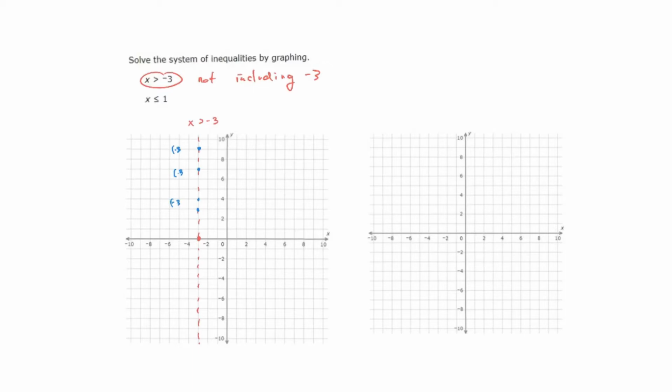Same with x is less than or equal to -1. And here we're going to use a solid line, and the reason for that is because we want to actually include the -1. And then when you're going to shade, what I like to do is just get a direction. So let's say yellow: greater than -3 is generally to the right.